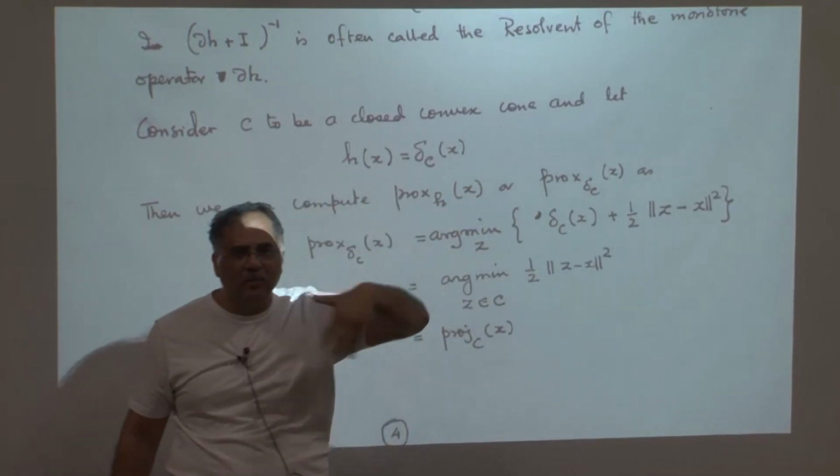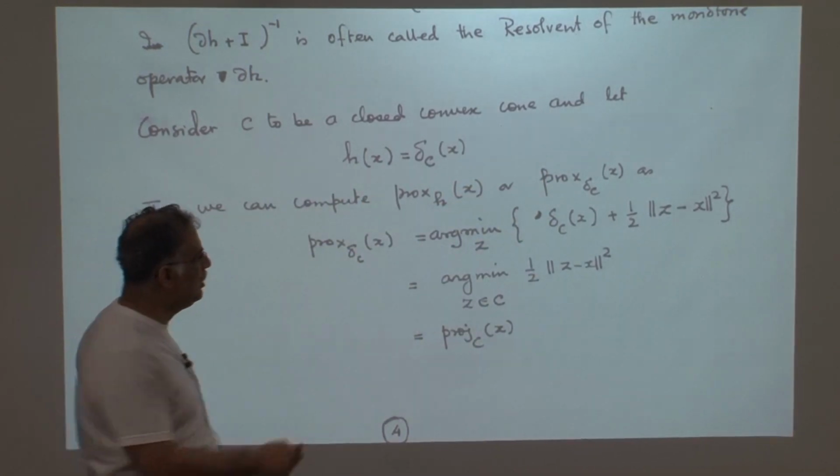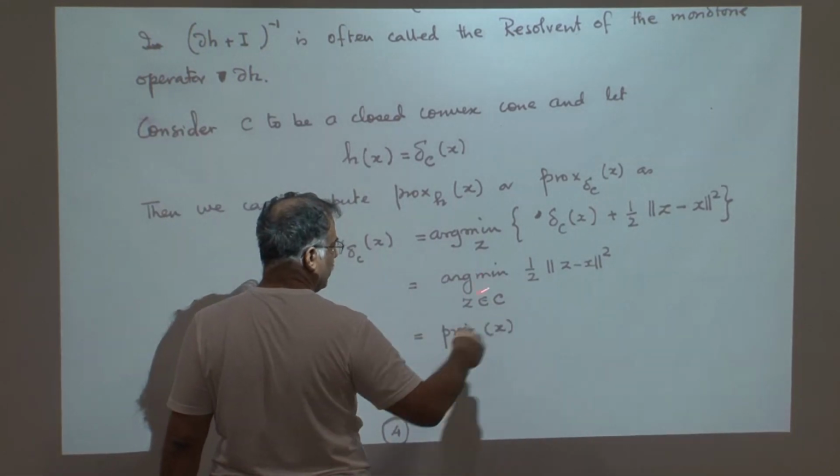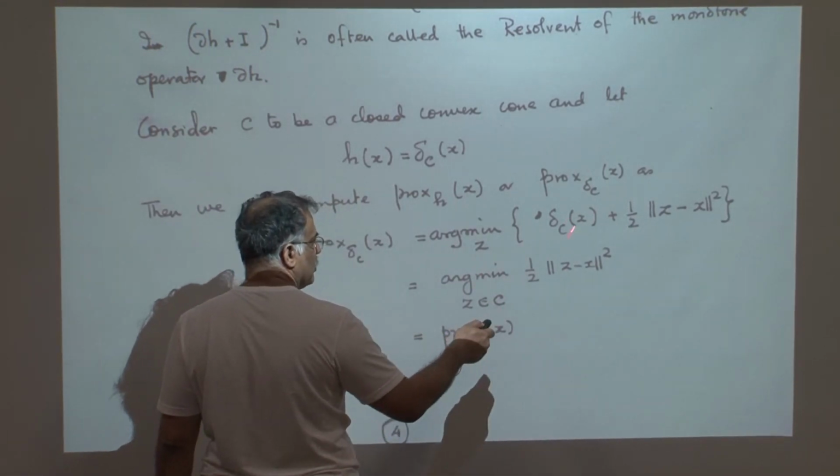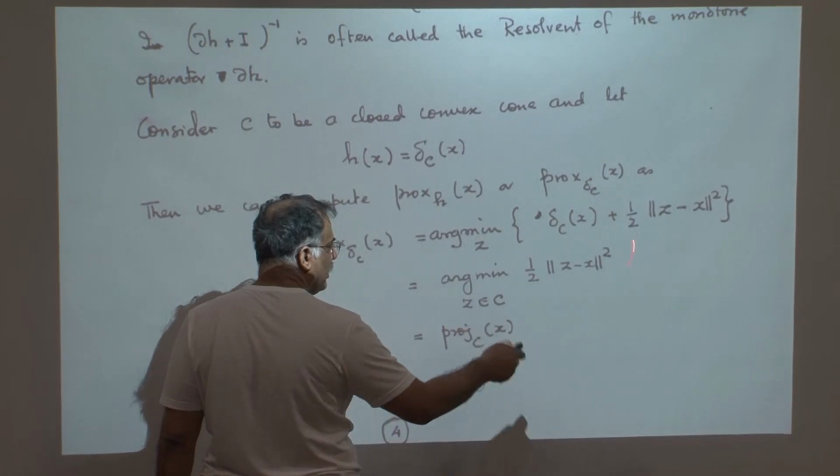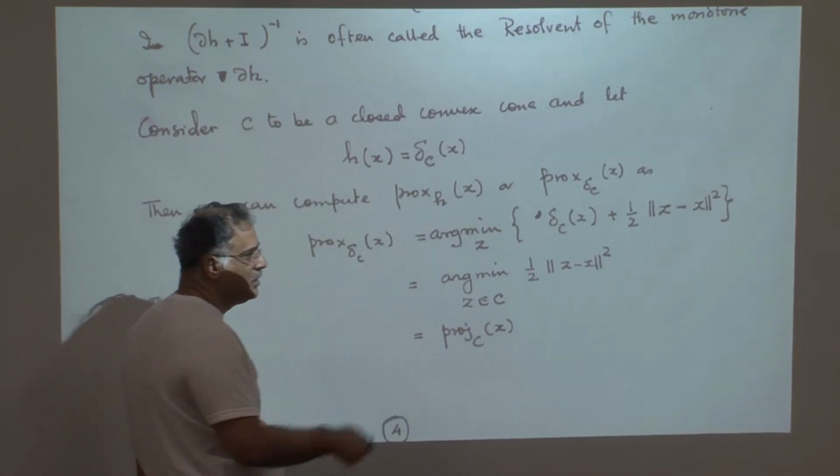So plus infinity is not a part of the minimum. So basically this problem, which looks very unconstrained, can now be brought into a constrained structure. For all z in C, this is 0, and so we will have this. But what is this?